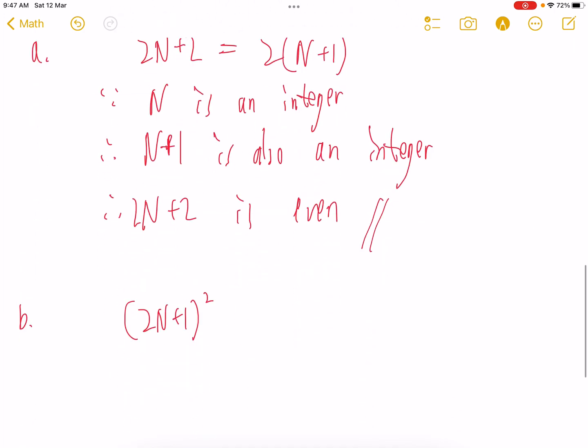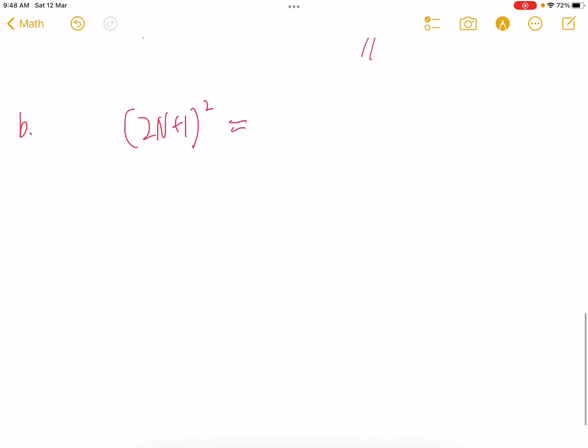2n plus 1 squared. Okay, we just expand it by the FOIL method, or whatever you like, the identity. So a squared plus 2ab, 2 times 2 is 4, so that's 4n squared, plus b squared. b squared, 1 squared is just 1. Now we factor out a 4, which is 2 times 2.